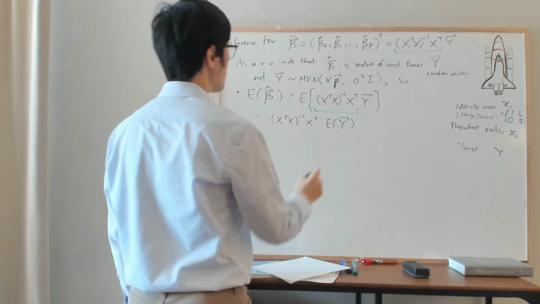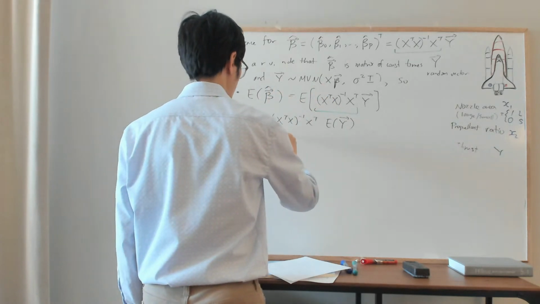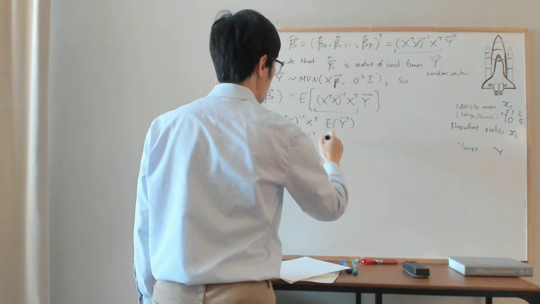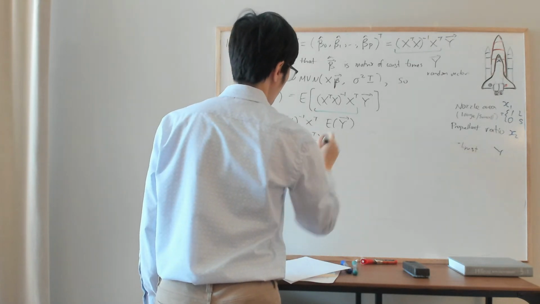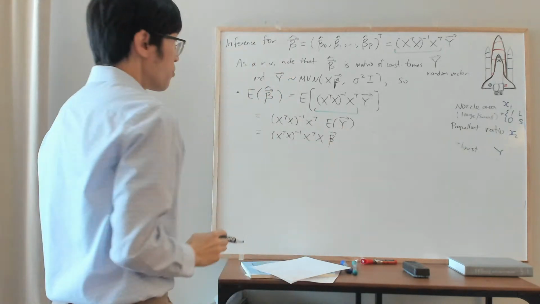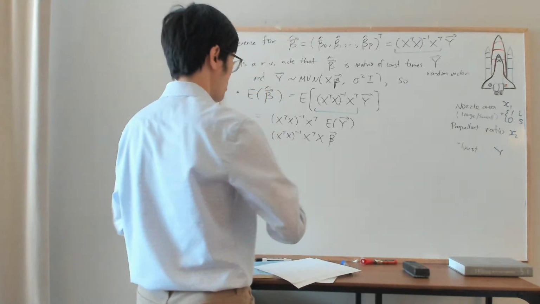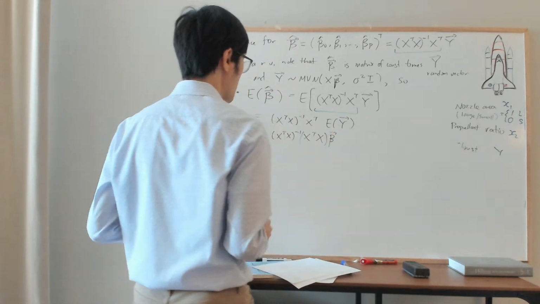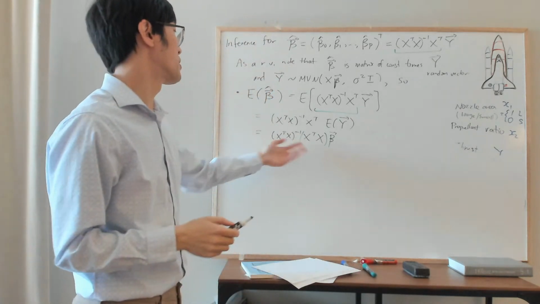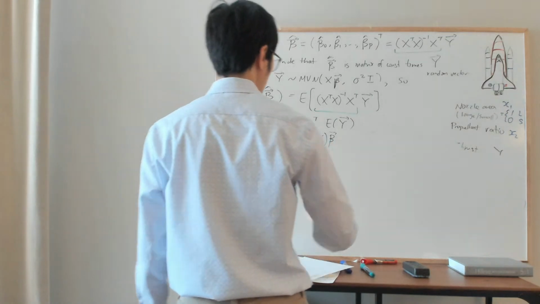The E of y simply comes from the mean of this multivariate normal, and it is x beta. Let's put brackets here so that we can see the x transpose x group in this way, and we see that this cancels, and you get the identity times beta.